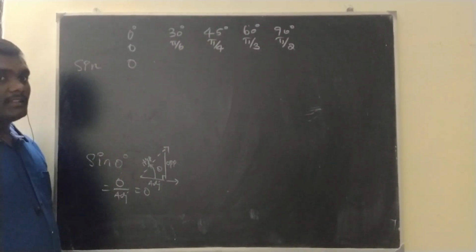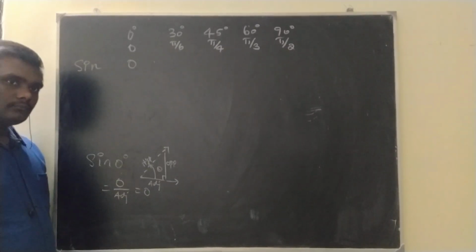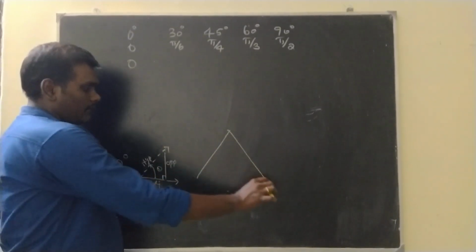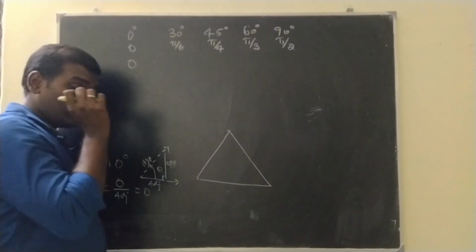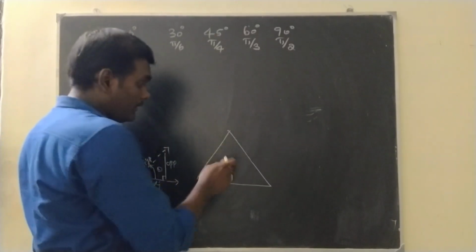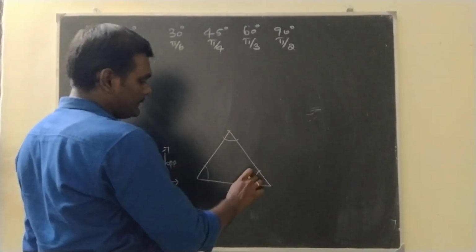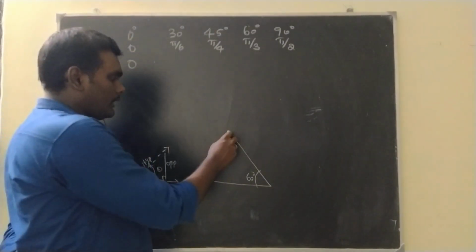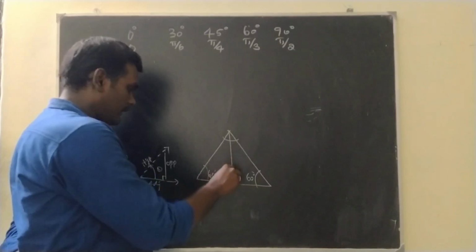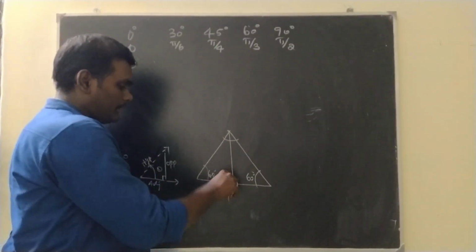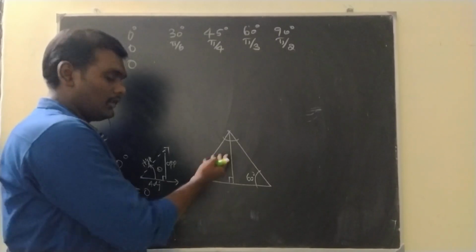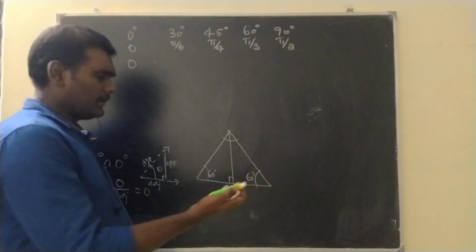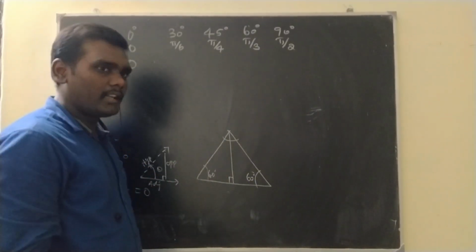Likewise, we have to calculate sine 30 degree. To calculate sine 30 degree, you take an equilateral triangle. In an equilateral triangle, all the angles are 60 degree, you know, right? We draw one angle bisector for this angle, which is perpendicular to the base. Why? Because we apply Pythagoras theorem and the trigonometric ratios only in a right angle triangle.